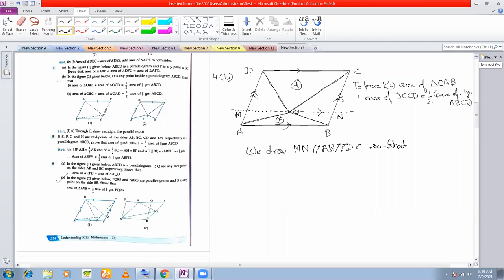Now see, there are two parallelograms formed. The entire parallelogram is divided into two parallelograms. What are the two parallelograms? The first parallelogram is MNBA and MNCD are parallelograms.